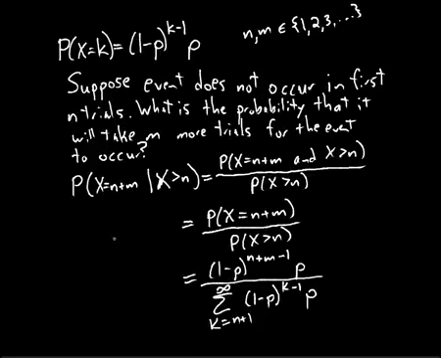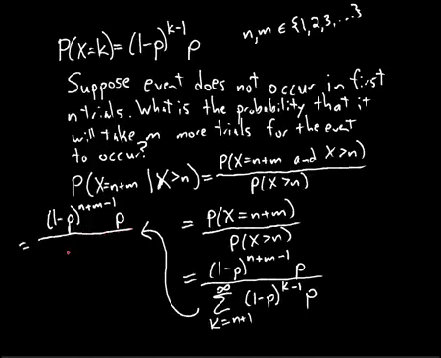Okay, so I'm going to need to go up here. I'm running out of space down here. And what we have is (1 minus p) to the n plus m minus 1 times p, all over (1 minus p) to the n.